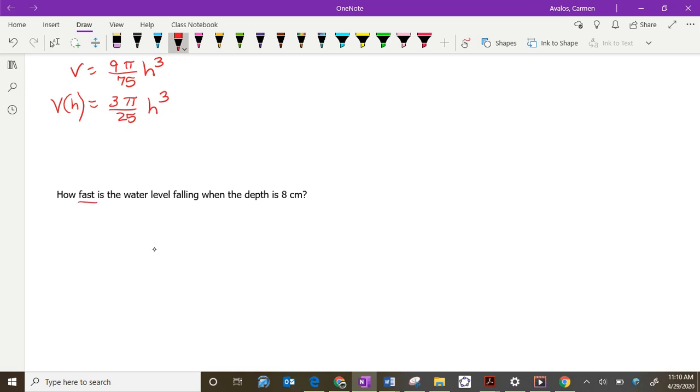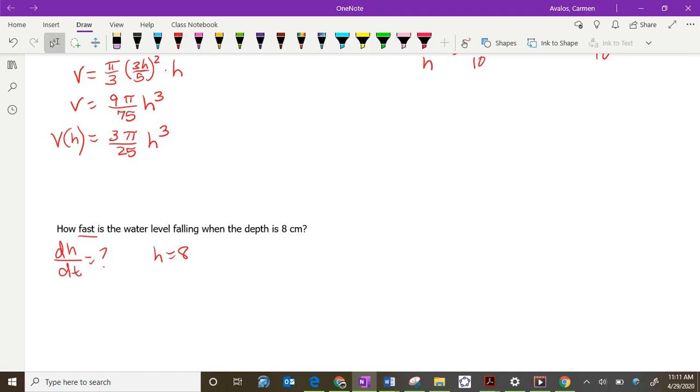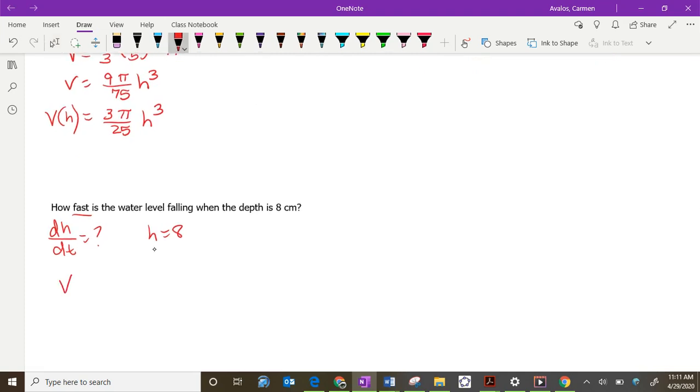So now we want to find out how fast, so that's the rate. So we are looking for the water level, which is dH dt, and we know that H is going to be 8. So we want to know when H is 8. We have a formula here, V is equal to 3 pi over 25 H cubed.